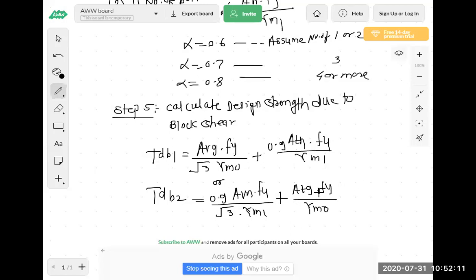Otherwise, if you are writing this formula simply, maybe there will be a mistake. And how to calculate AVG, AVN, ATG, and ATN we have learned in the last lecture, and this morning also we have seen AVG, AVN, ATG, and ATN. Are you getting?